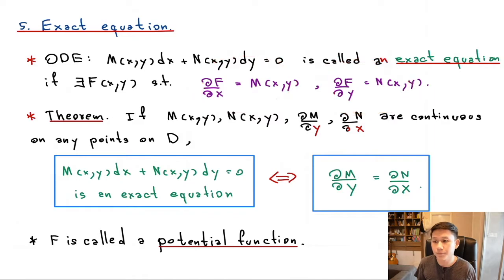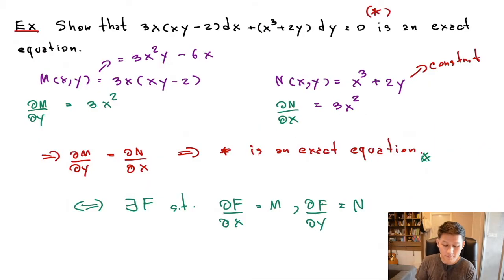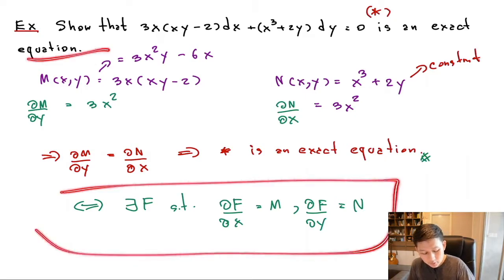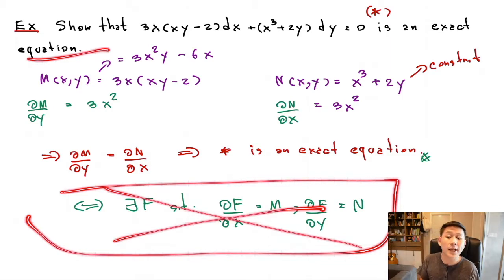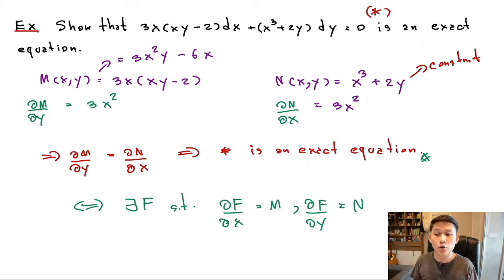From the definition. Okay? But in an exam, if they ask you to do this, you don't need to write this. This is just my explanation. I'm trying to relate the theorem and the definition.